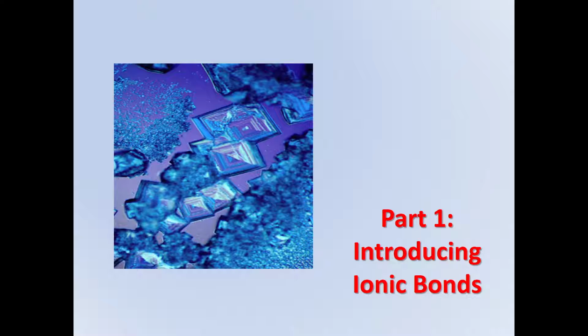So if we know which ones will react, forming ionic bonds, what are the equations? How will they react? What are their names? What are the names of the chemicals that are produced? Will two things react? Will they not react? If they do react, what do they make?